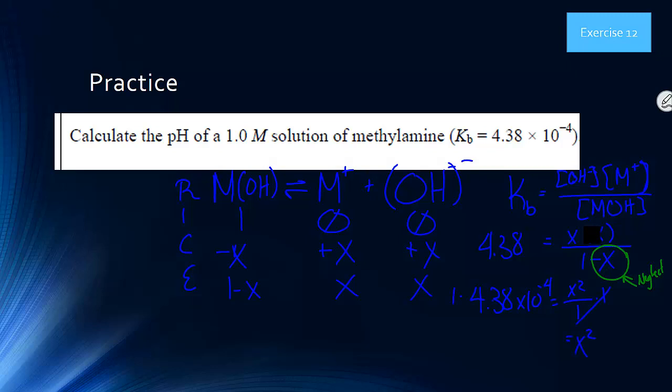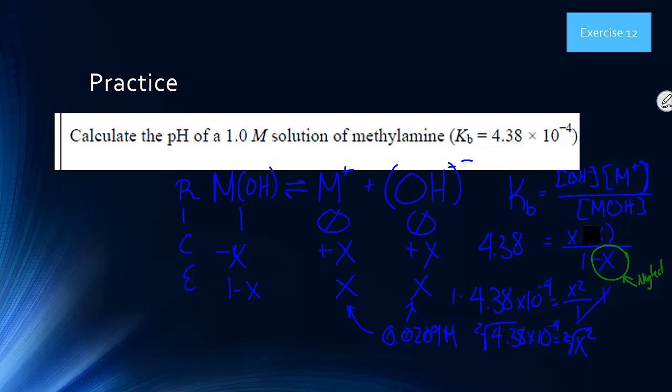X squared equals 4.38 times 10 to the minus fourth. Square root of both sides will tell me that the concentration of hydroxide is 0.0209 molar. It's also the concentration of whatever methylamine makes.